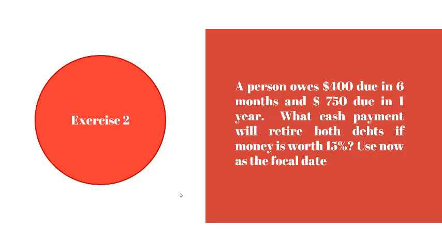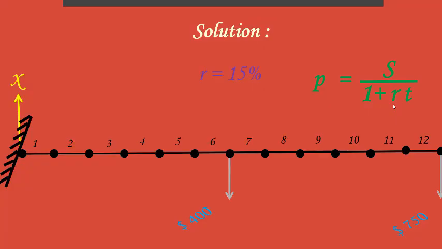For the second exercise, we have two debts, 400 and 750, due after 6 months and 1 year respectively. We need to replace them with a cash payment due now. On the timeline, the old obligations, 400 and 750, are under the timeline.